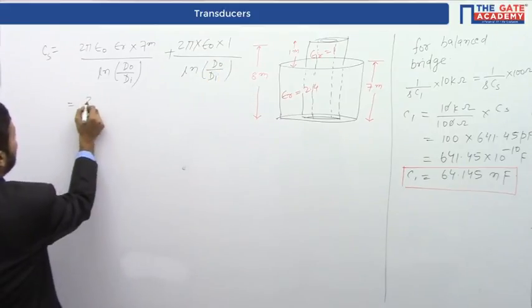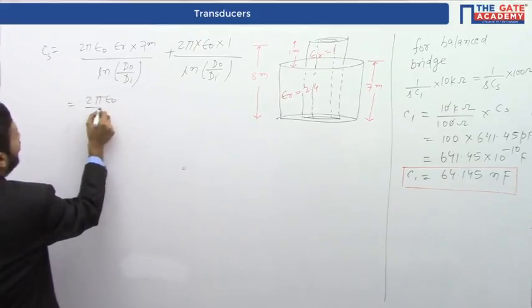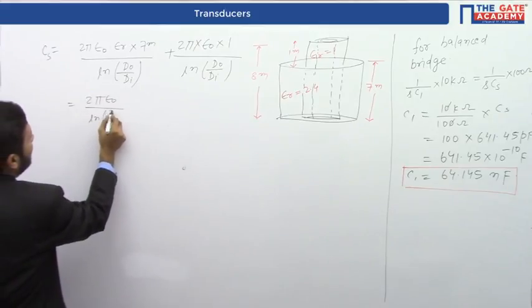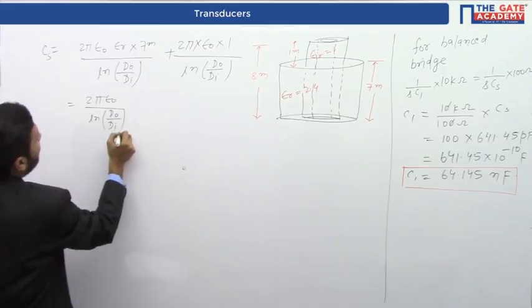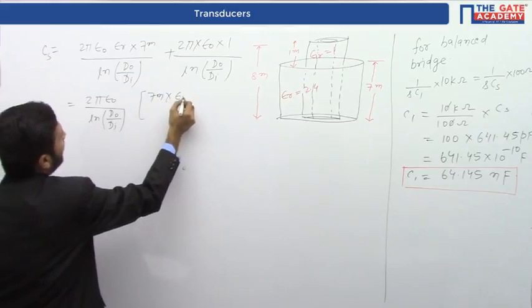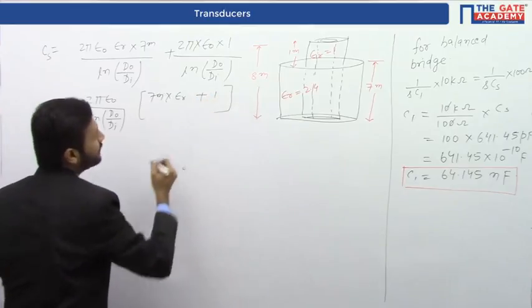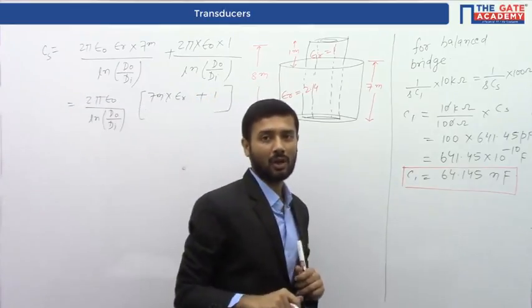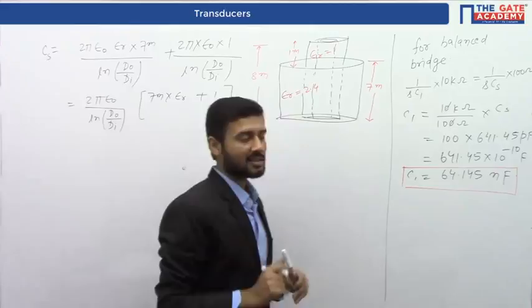So we can write it as 2 pi epsilon naught by ln d naught by di into 7 epsilon r plus 1. This is our formula for the overall capacitance Cs.